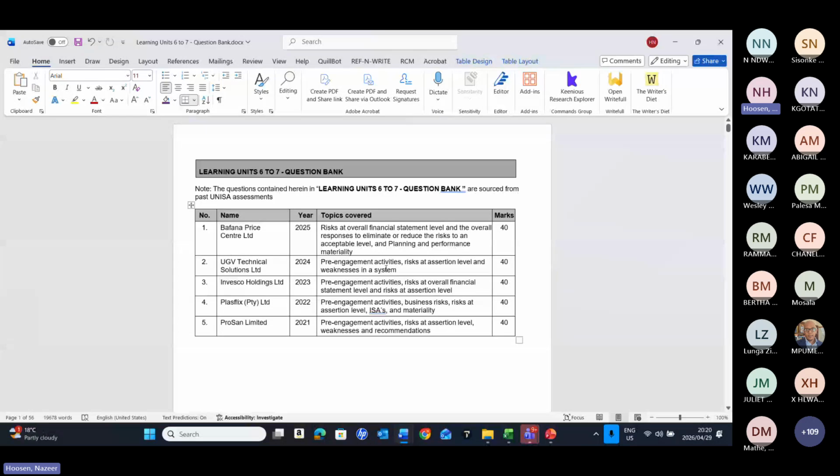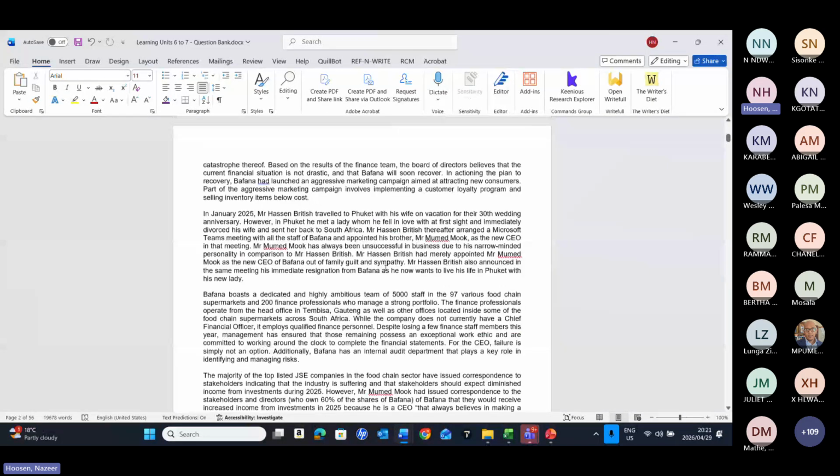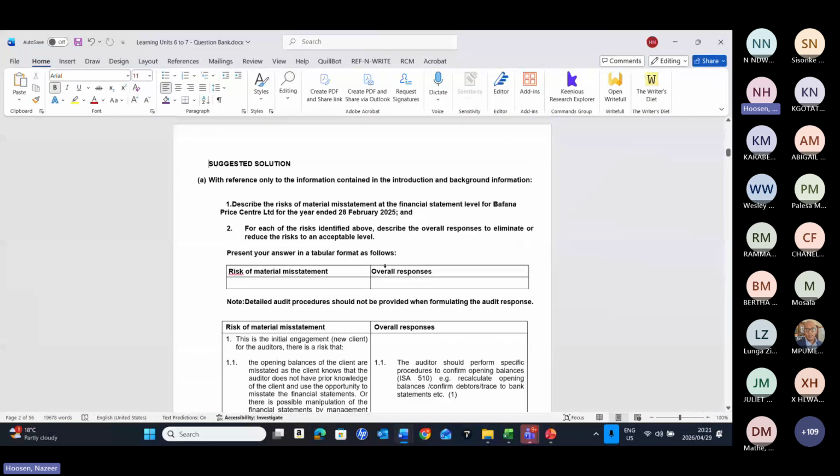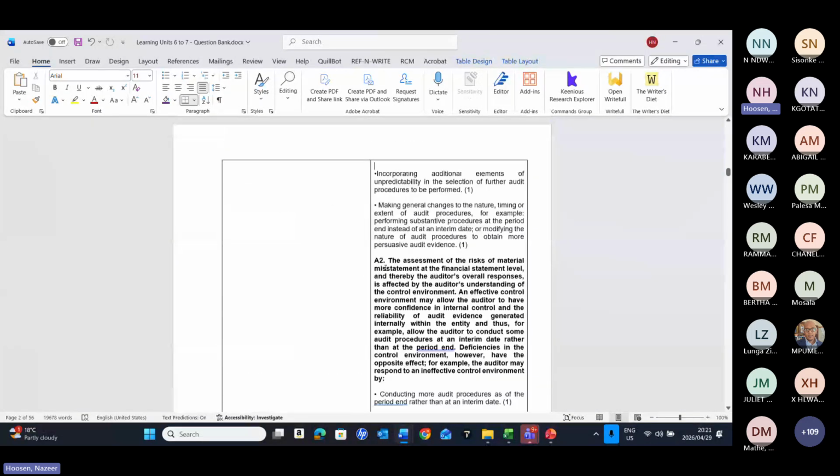So good practice on pre-engagement activities as it goes down to feature in 4 and 5 as well: risks at the overall financial statement level, risks at the assertion level, materiality, weaknesses and recommendations. So there's quite a few repetitions of topics that are examinable. But as you will see, there are various trigger points in different questions. So there are common risks which would feature, and then there are unique risks which would feature. And those are based on the trigger points that are in the questions.